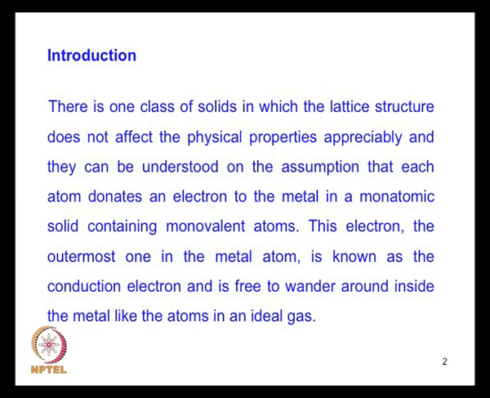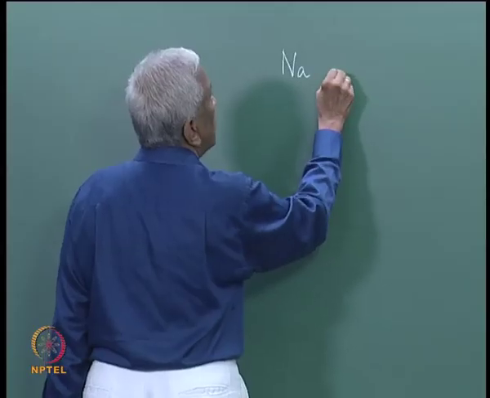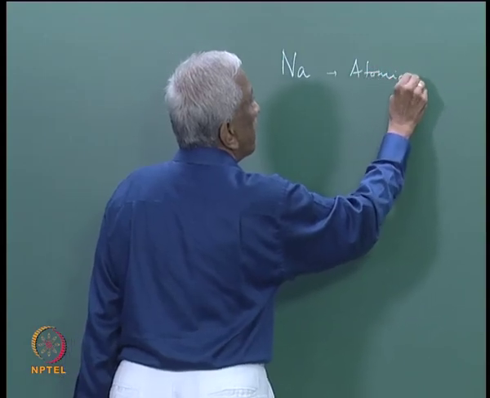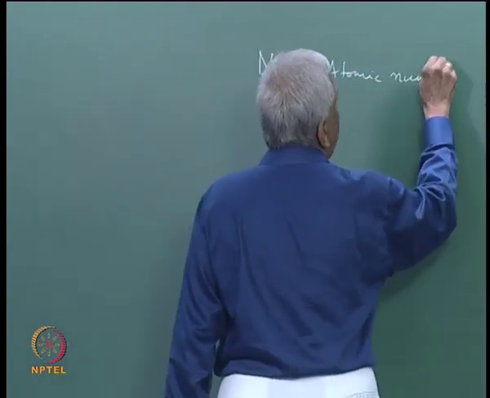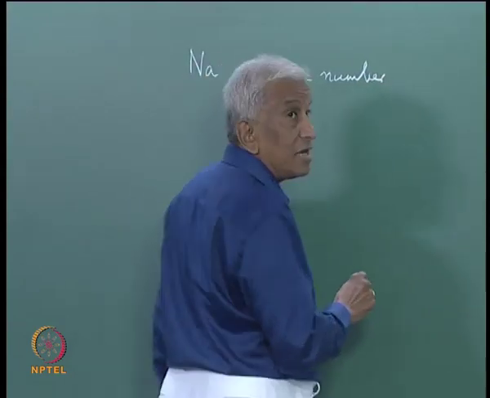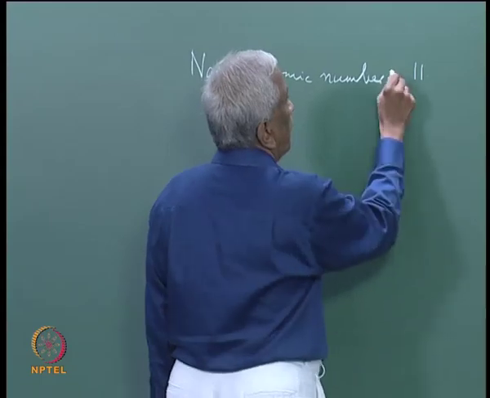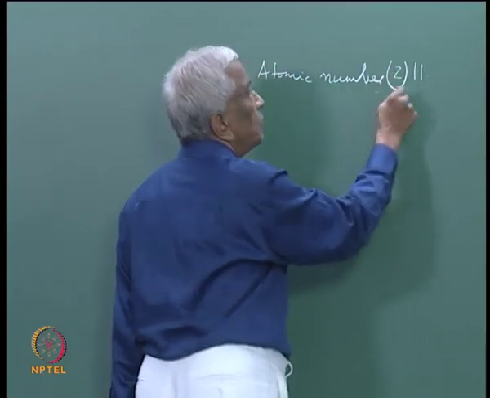For example, in the case of sodium, which has an atomic number, that is the number of electrons, of 11, Z is the usual symbol.